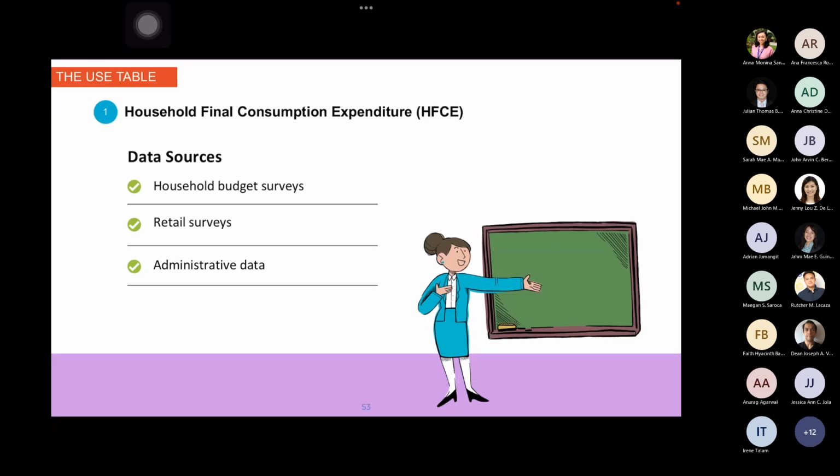And then another would be the use of administrative data. So this can be useful for products subject to taxation or to be subsidized.